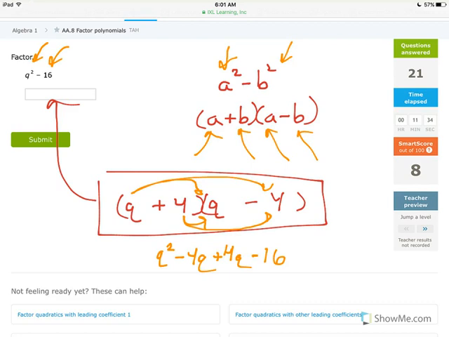And notice your two middle terms, those are opposites. Positive 4q combined with negative 4q is going to be 0q, so we have nothing left in the middle. So we get a q squared minus 16, which is what we were looking to create. So that checks out. And again, these are going to be your two factors that you're going to put into the answer box.